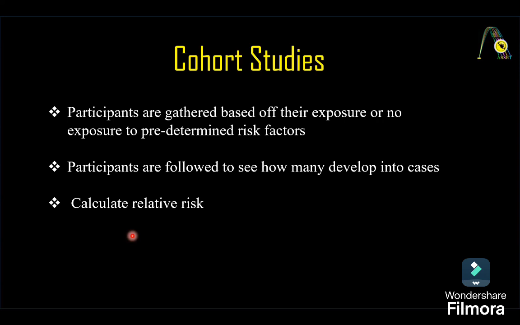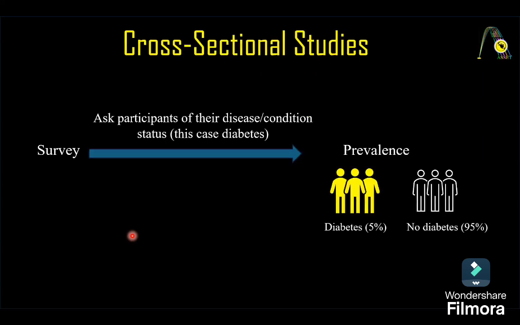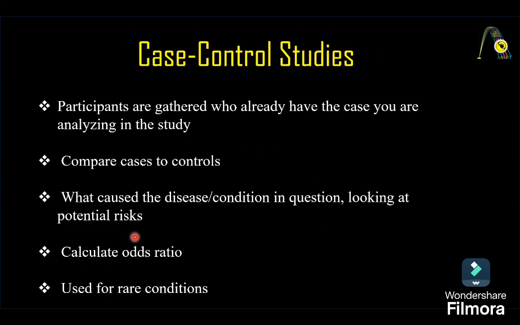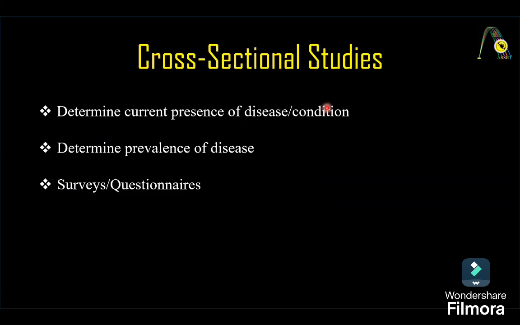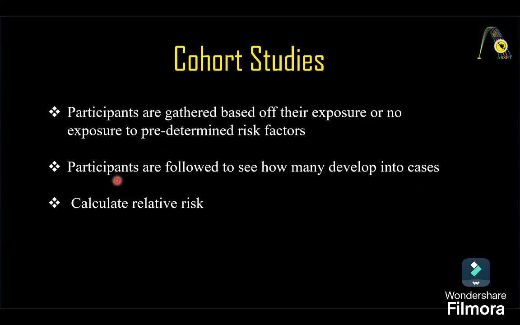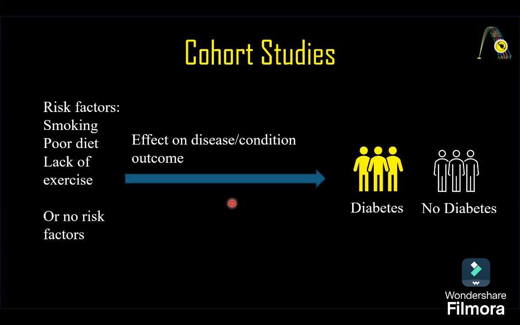For cohort studies, it is relative risk. Again, I'm just adding this for your knowledge, so you have an idea that for case control we use odds ratio, and for cross-sectional and cohort studies we use relative risk. These are just different terminologies that we use.